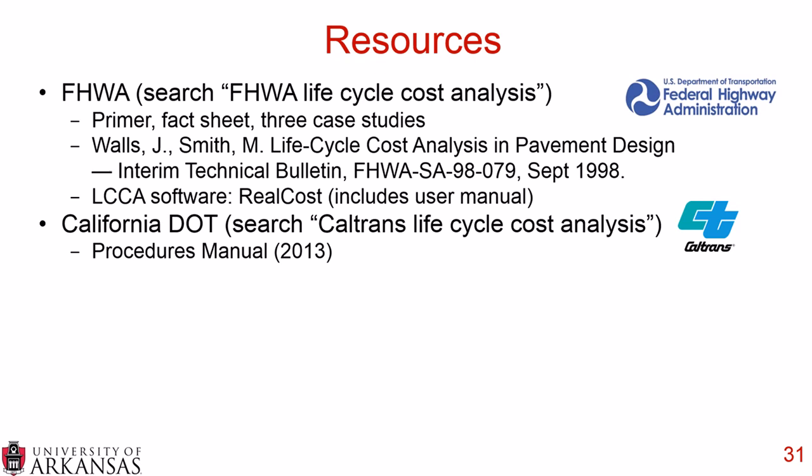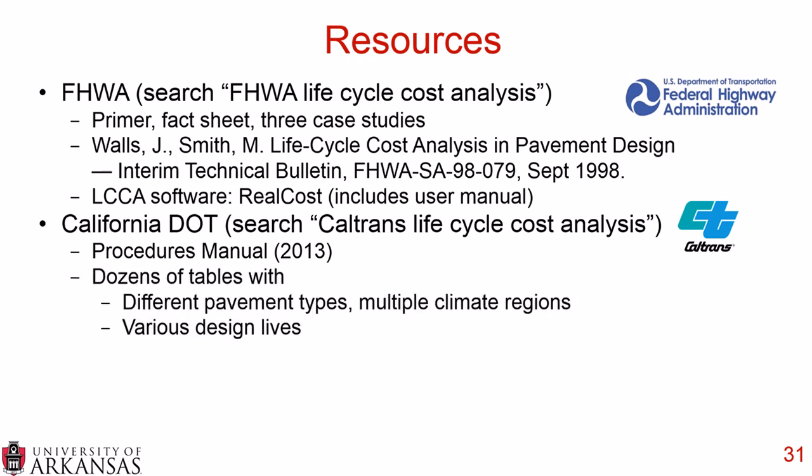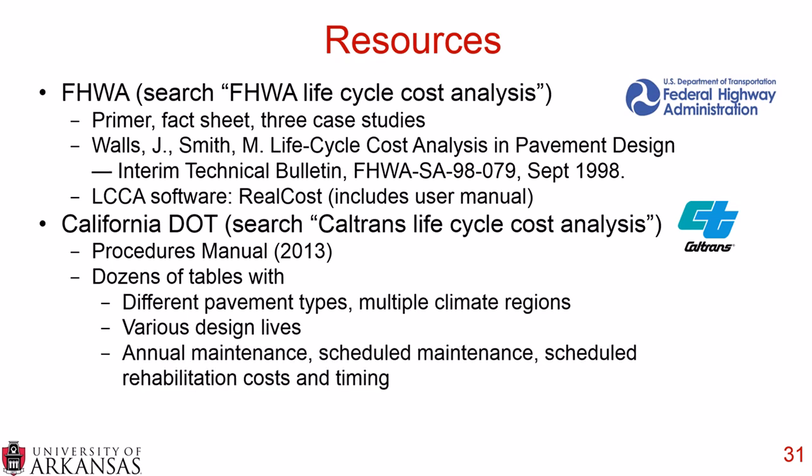Caltrans is another great resource. You can search Caltrans Lifecycle Cost Analysis, and you can find their procedure manuals from 2013. And the reason I like this procedural manual, I really hope they update it, even if that makes this webinar look dated almost immediately, but I really hope they update it because they have dozens of tables in this document with different pavement types, different climate regions, different design lives, different annual maintenance, scheduled rehabilitations, costs, and timing.